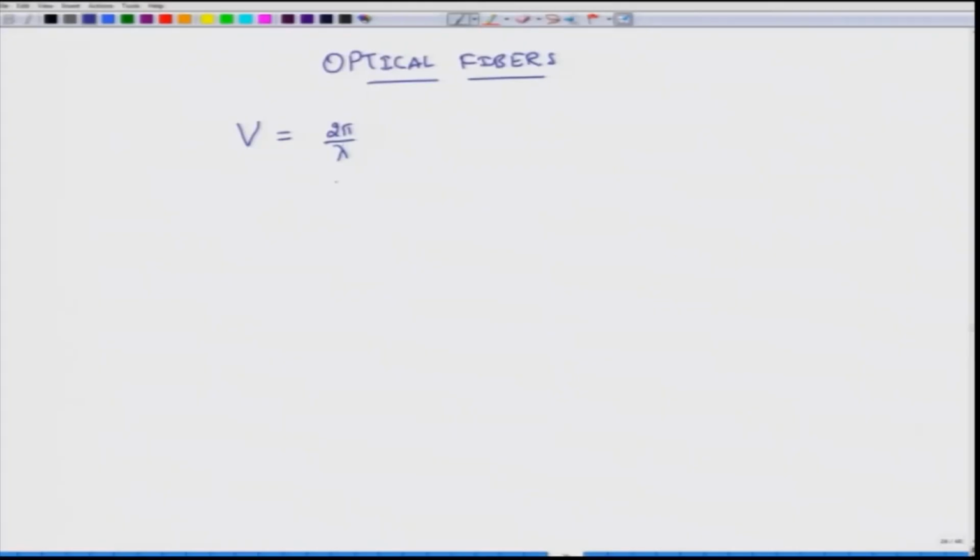So, this V number, which is a very critical parameter in optical fibers, is defined as 2 pi by lambda, where lambda is measured in free space, that is, not in the material medium which the optical fiber is made out of, but in free space. So, you have 2 pi by lambda.